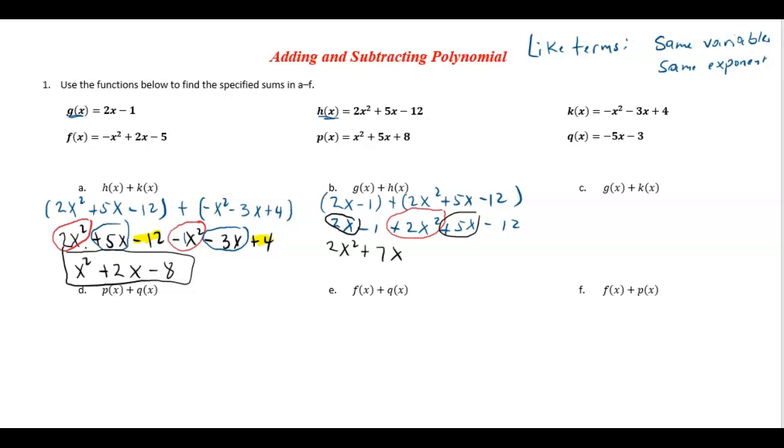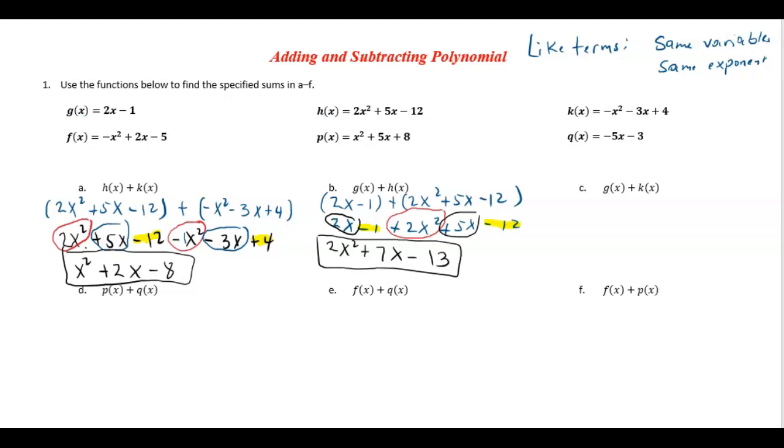Okay, and then you have the numbers, which are negative 1 and negative 12. So negative 1 minus 12 is negative 13. And that's it. That's all you're doing. Okay, so we're going to do some more examples.